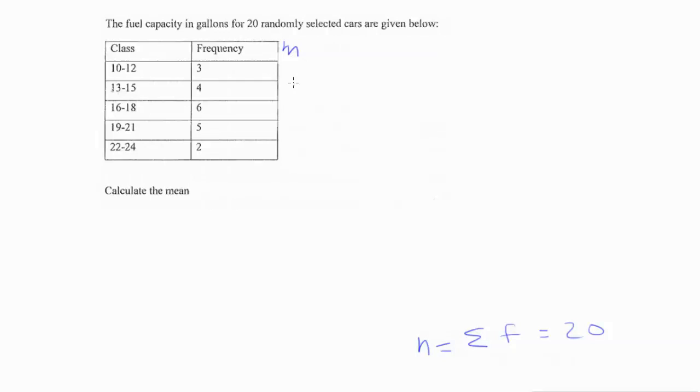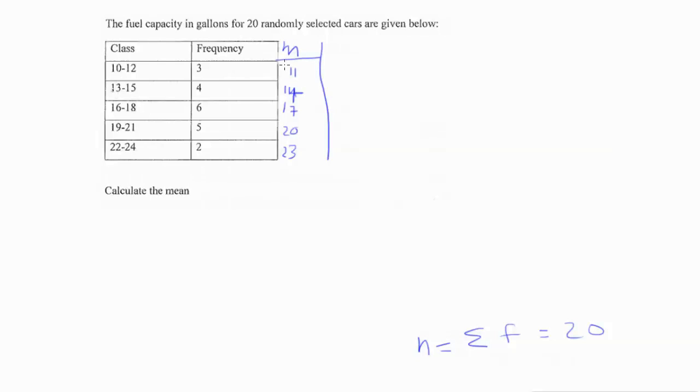So the midpoint for the first class is 11. For the second class, I simply add them and divide by 2, I just get their average. So that's 14. And then I have 17, and then I have 20, and then I have 23. See, you just keep adding 3 because the class width here is 3. So anyway, I got just now the midpoints.